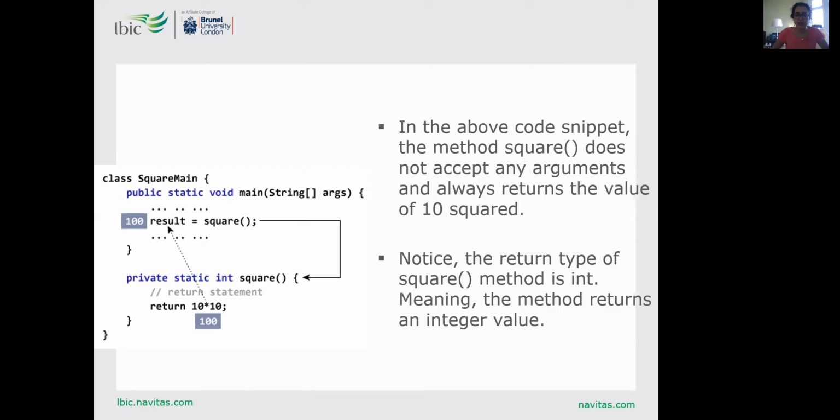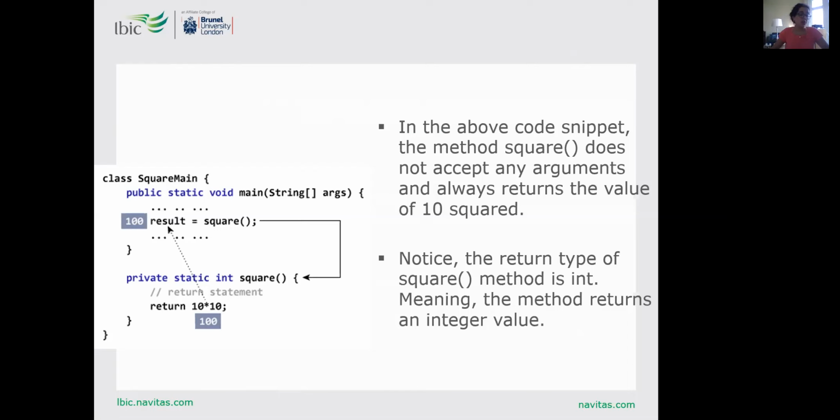Here you call the function square with open parentheses, which has some return value, and assign it to the variable result, right? The function square does not accept any arguments because it has empty parentheses, and it always returns the value of 10 squared, right? It doesn't do anything else. It's very static and not dynamic.